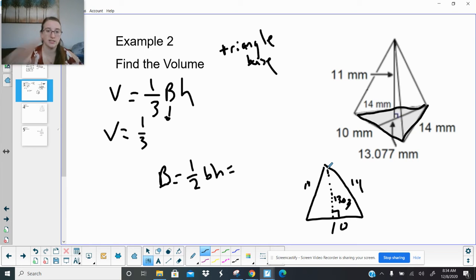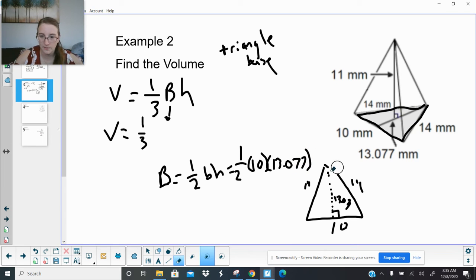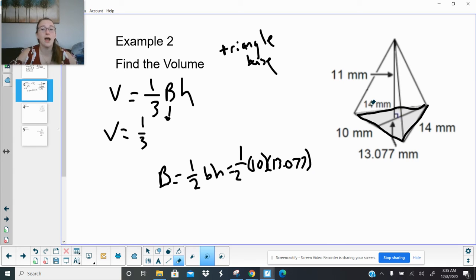Remember, the height goes through the center. So we have 1/2. The base is 10. The height is 13.077. I'm going to erase this here. So you do not use the 14s at all. The 14s do not get used. They are simply distractions to make sure that you know what is the base and height of the triangle.